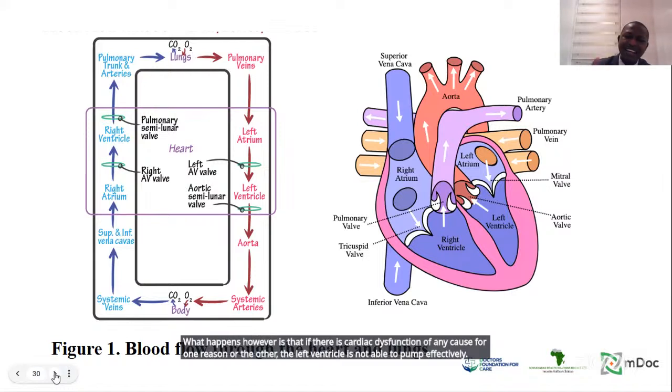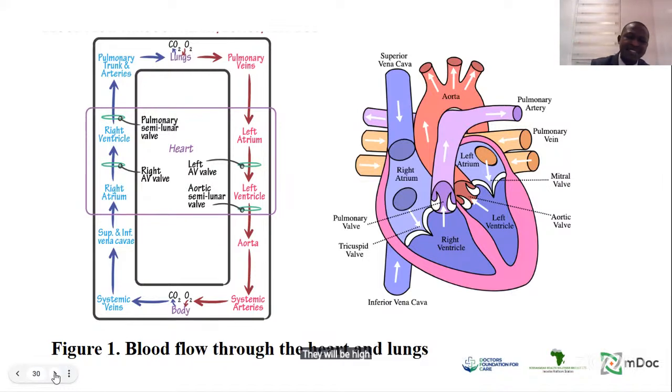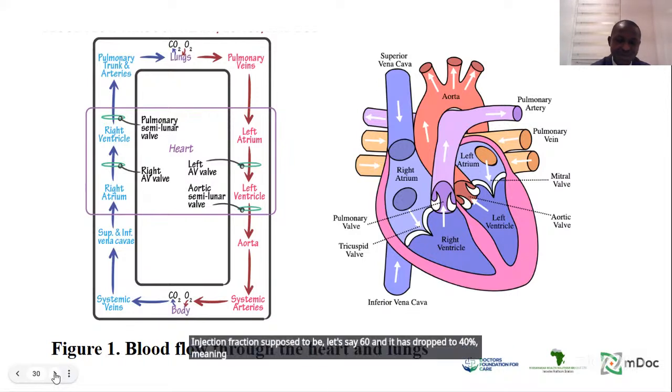There will be high residual volume after systolic pumping. For example, ejection fraction is supposed to be, let's say, 60%, then it has dropped to 40%. Meaning if there is 100 mils of blood at the end of diastole, at the end of systole we're supposed to have 40 mils remaining, 60% pumped.